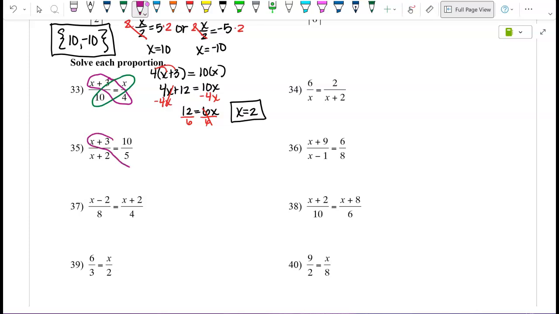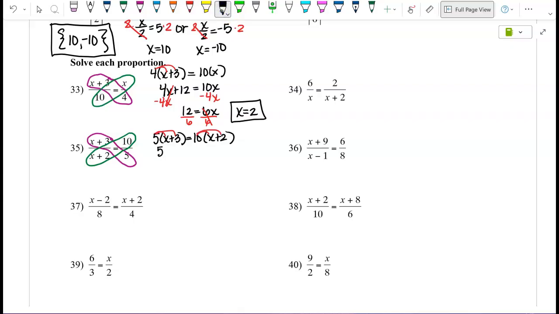Again, cross multiplying, so the 5 is going to multiply times the x plus 3. The 10 is going to multiply times the x plus 2. So 5 times the quantity x plus 3 equals 10 times the quantity x plus 2. Again, distributing.